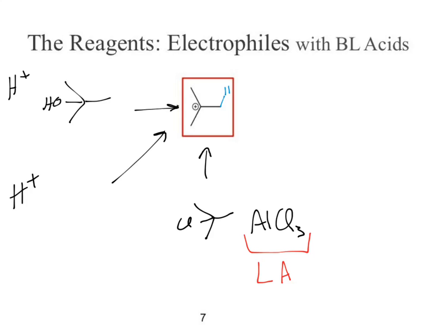Say, what if I put it out here? Think about the reverse. We'd be taking off H+, right? Where would the electrons go? Do you have a hydrogen shift? Not quite that.